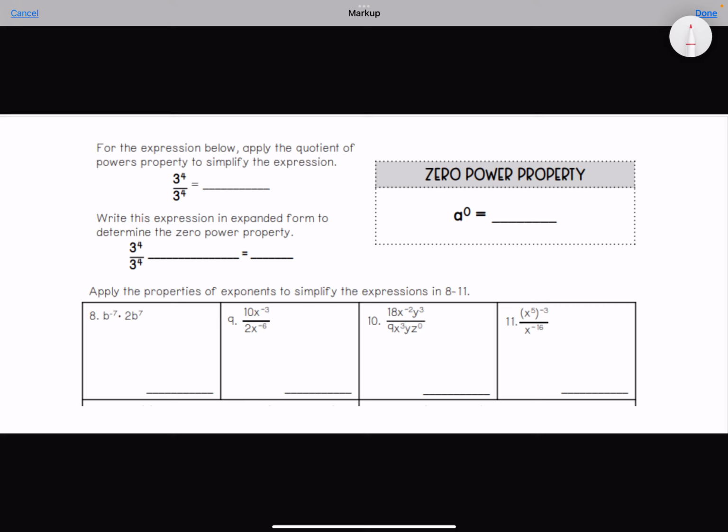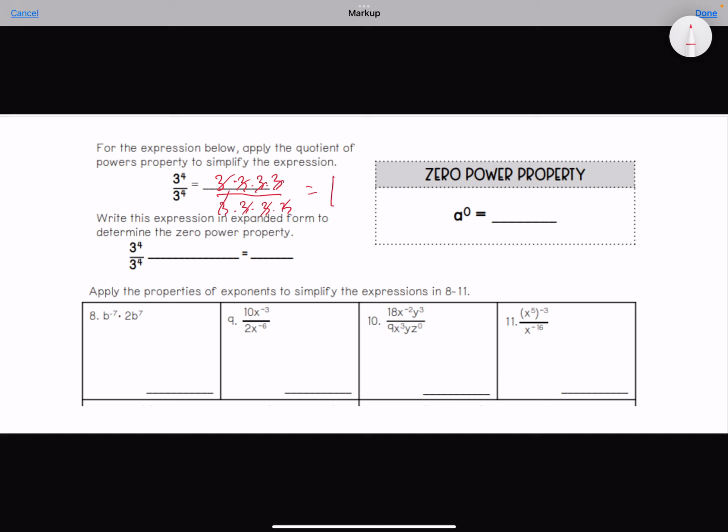So the last one for today before we start getting into heavy practice, the zero power property. So we've got 3 times 3 times 3 times 3 over 3 times 3 times 3 times 3. Cross out everything. I'm left with 1.